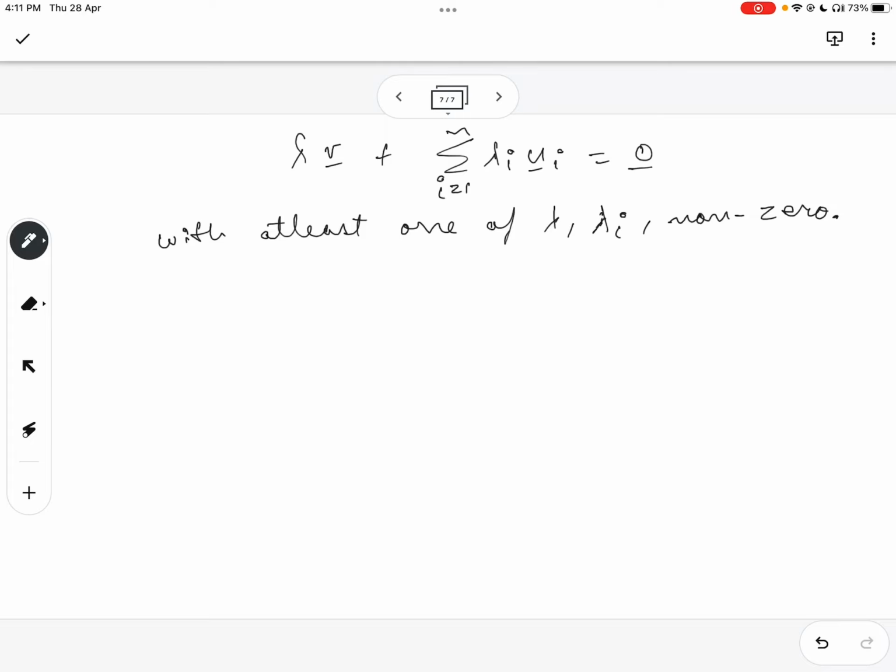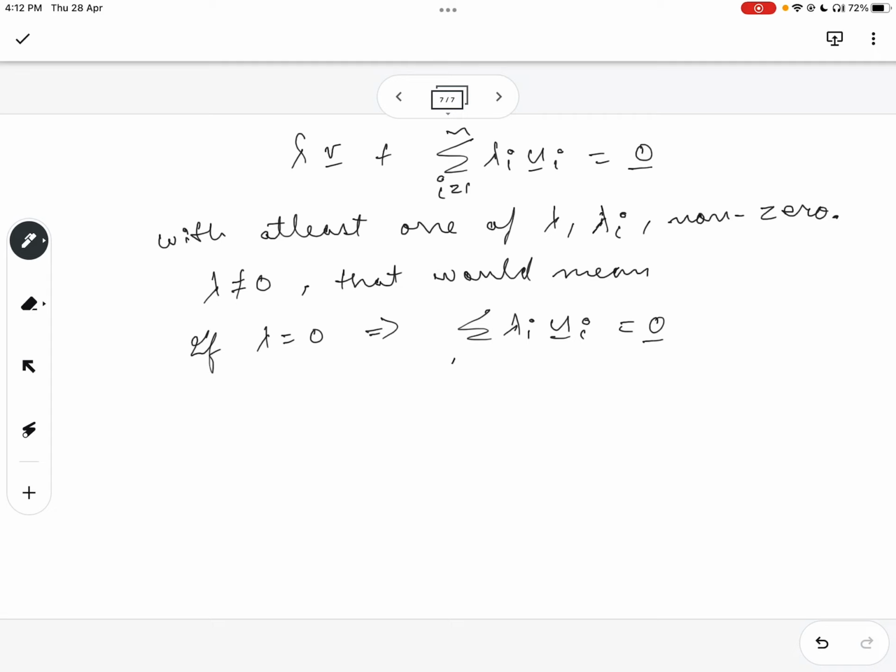Now lambda cannot be 0, because if lambda is 0, then that would imply sigma lambda i ui equals 0, i equals 1 to n.